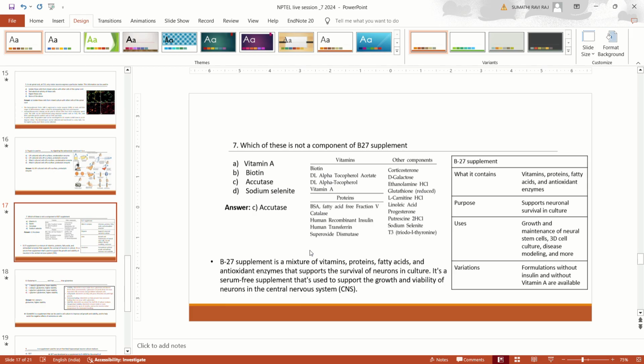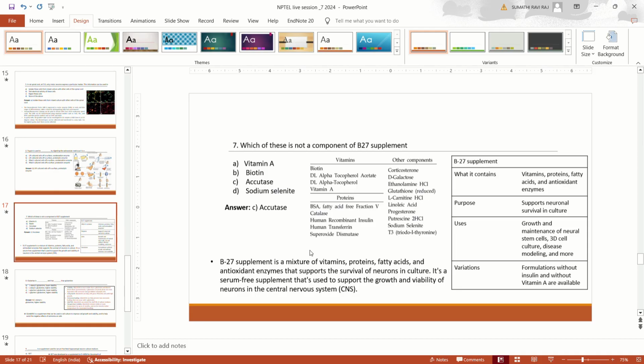So your B27 supplement is a mixture of vitamins, proteins, fatty acids and antioxidant enzymes that supports the survival of neuronal cells. It's a serum-free supplement that's used to support the growth and viability of central nervous system neurons.